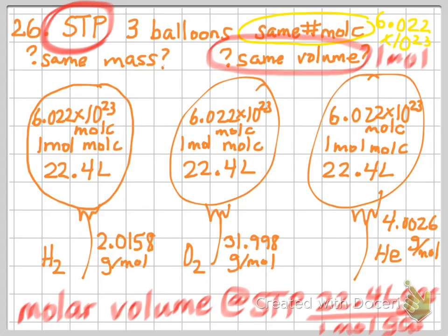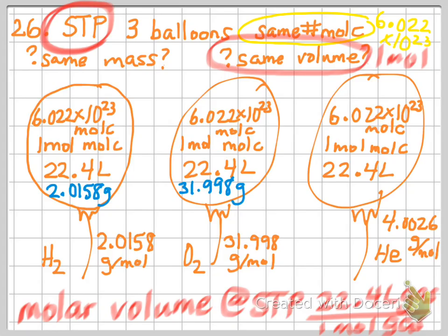Now, why is that important? Because how many particles did I put in each balloon? I purposely put 1 mole. Well, if I put 1 mole of hydrogen particles, what's the mass going to be? 2.0158 grams for that balloon. In this oxygen balloon, I have 1 mole of molecules, which means the mass of this balloon is going to be 31.998 grams.